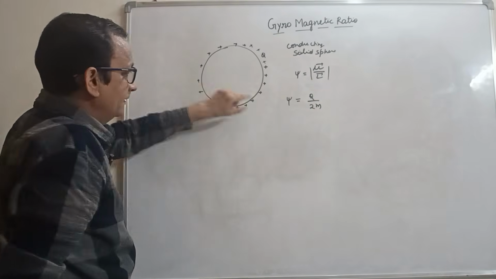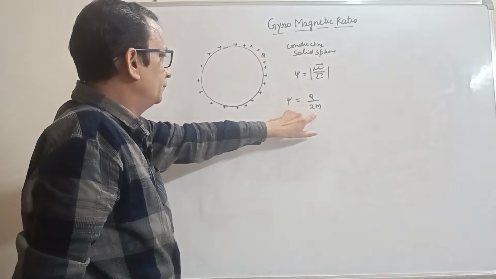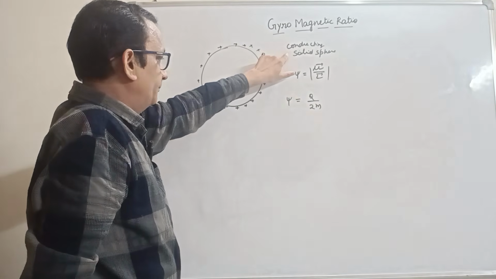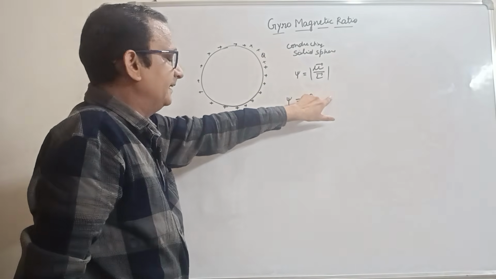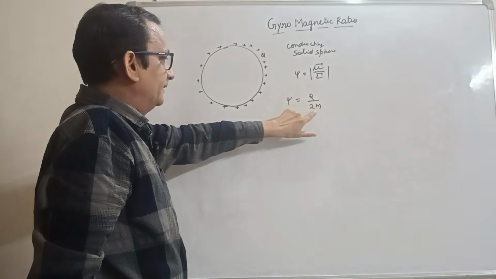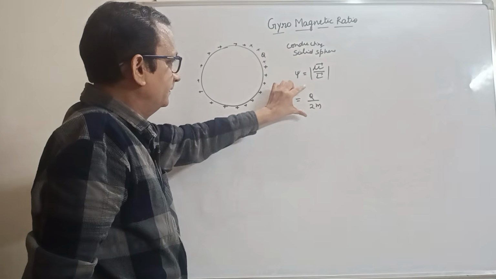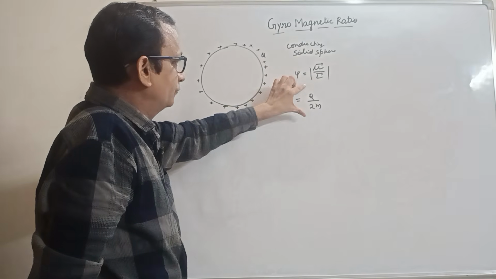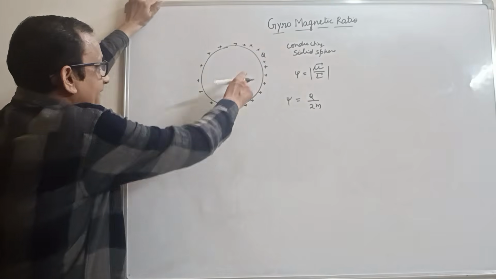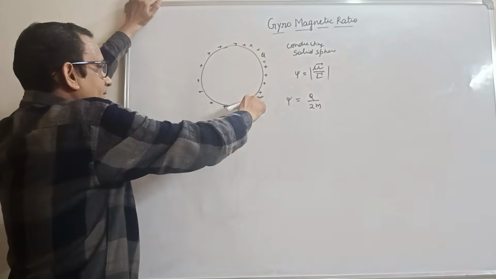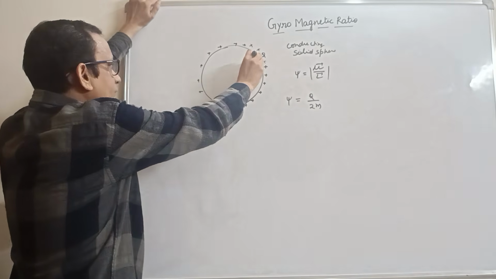This is fixed. In the case of a hollow sphere, the charge distribution and mass distribution are symmetrical. The sphere is also conducting, so the whole charge resides on the surface and the mass also resides on the surface. So this ratio is fixed, Q by 2m. But here the charge is distributed on the surface only because of the electrostatic repulsion force.